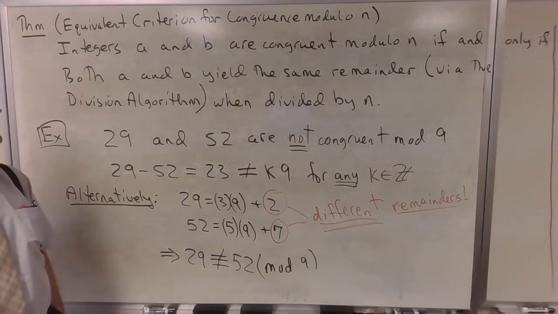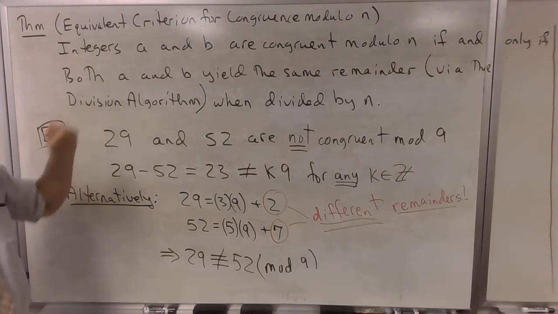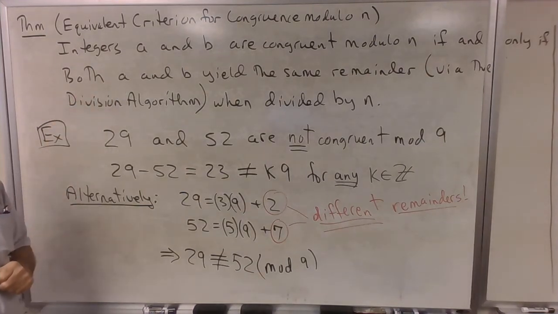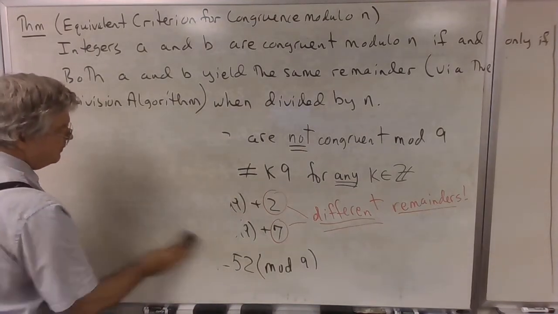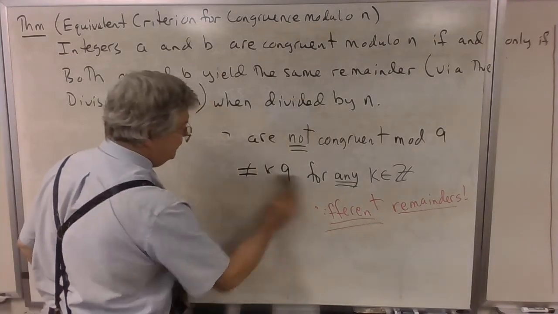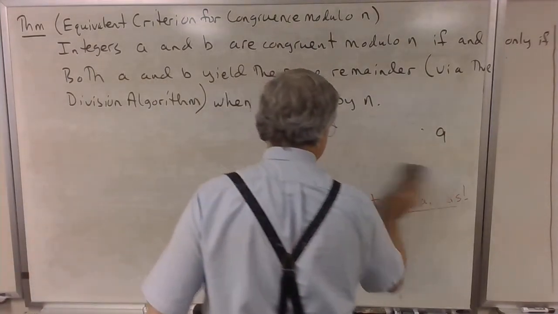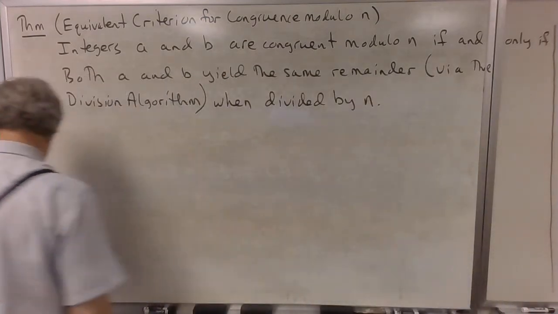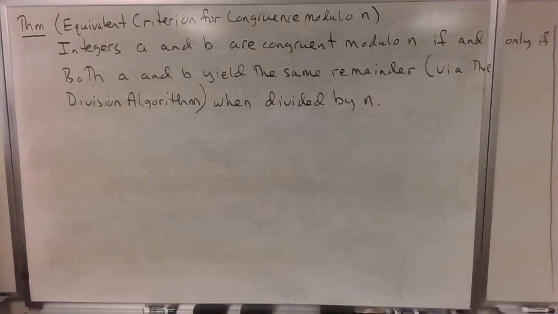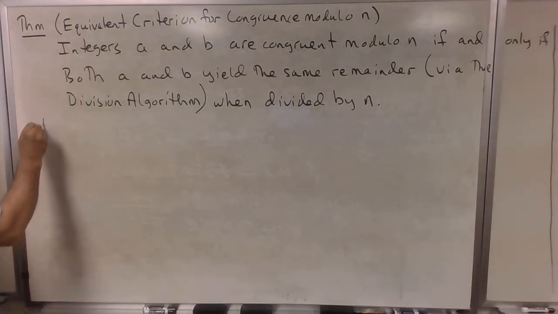Probably more often than not, we're going to use this criterion rather than the definition. Now, we've seen some examples. Let's just show why this is the case. Let's do the proof of our theorem.